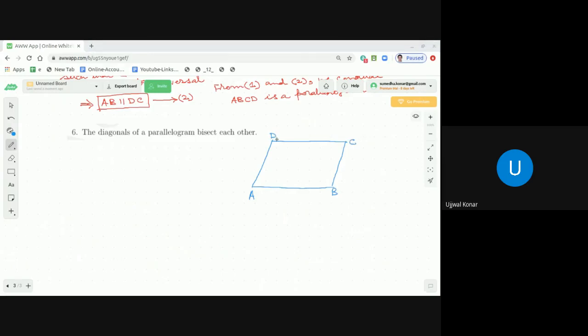Let me construct the diagonals. This is one diagonal, if I join A and C, and then we join D and B, this is another diagonal, and these diagonals intersect each other at the point, suppose O.